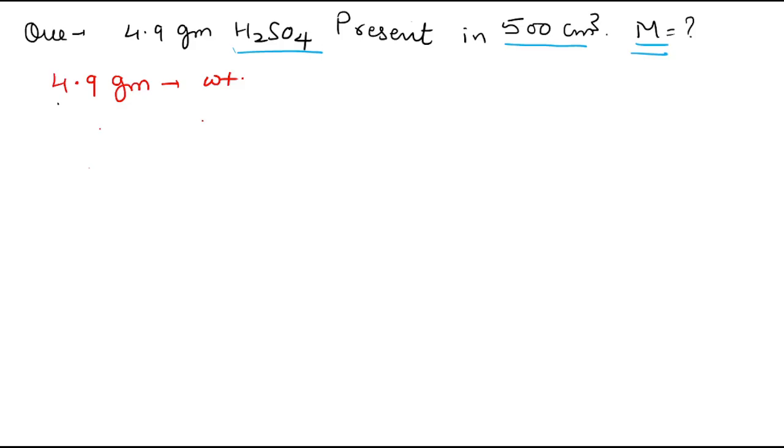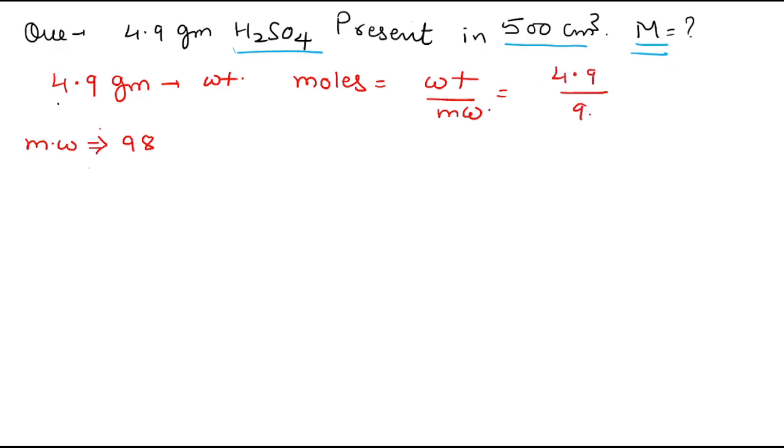The molecular weight of H2SO4 equals 98. The formula for moles is given weight upon molecular weight. So 4.9 upon 98, and we will solve it later on.